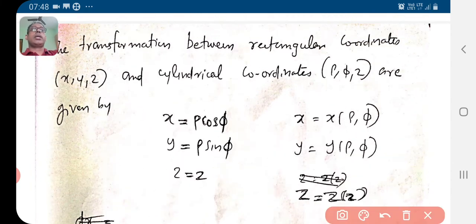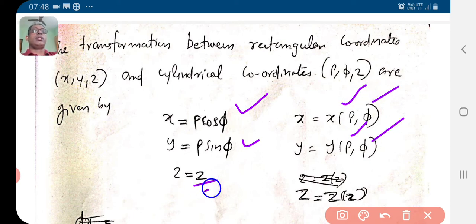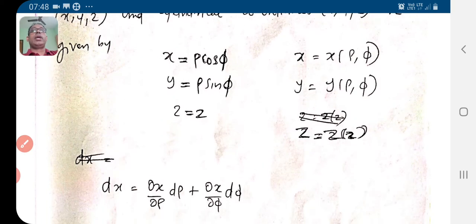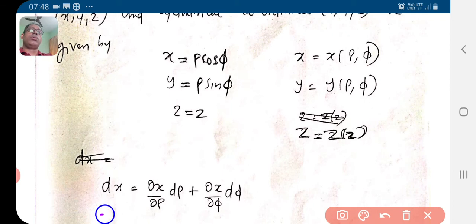Since x is rho cos phi and y is rho sin phi, x is a function of rho and phi, and y is a function of rho and phi. Z is z. So we can write dx as dou x dou rho d rho plus dou x dou phi d phi.